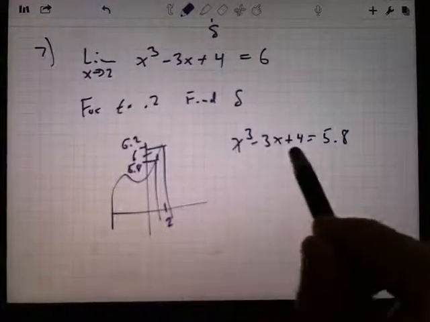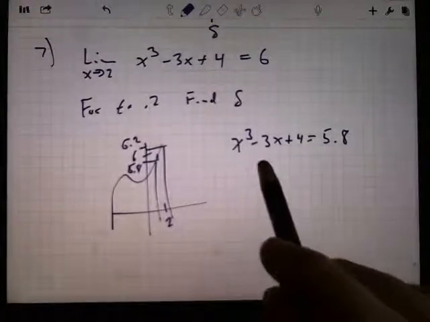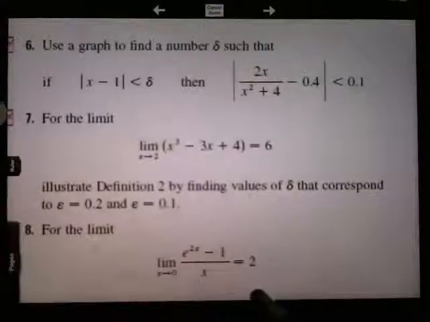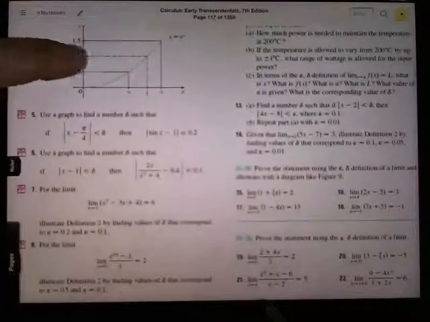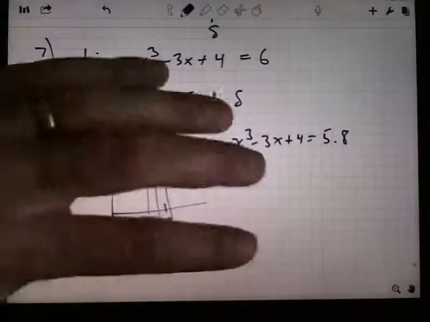This is a cubic. Generally, I'm not very good at factoring cubic polynomials. In fact, I noticed that the problem says that you should be using your calculator. They think it's a calculator problem here. So I'm going to use my calculator.